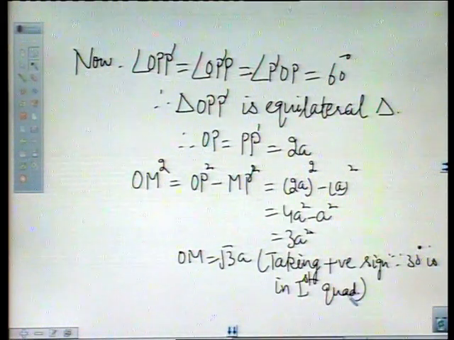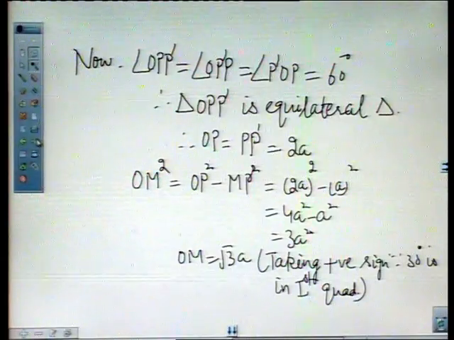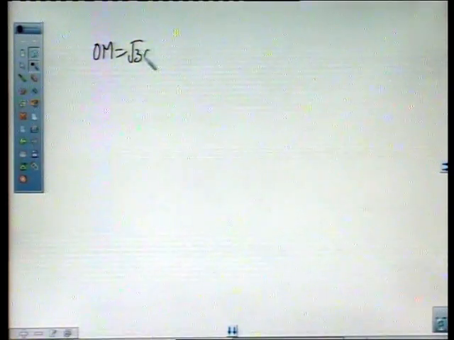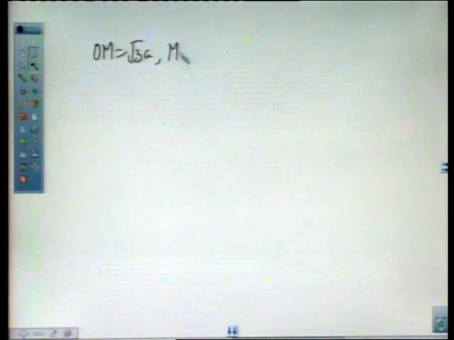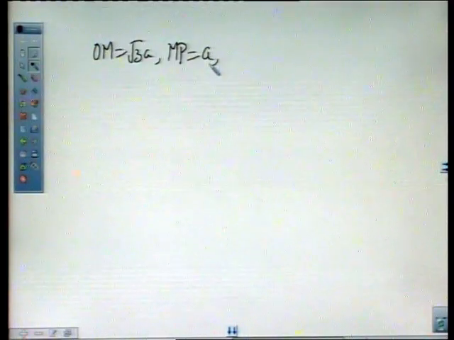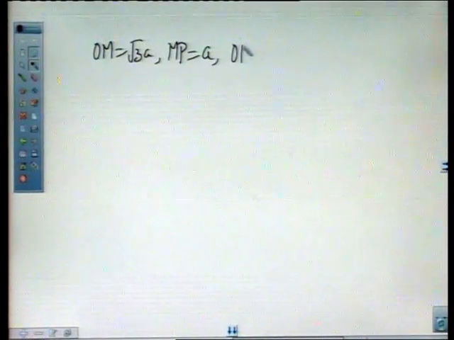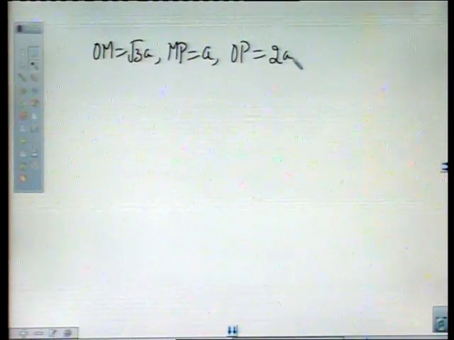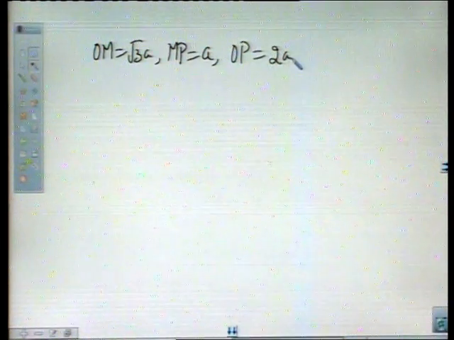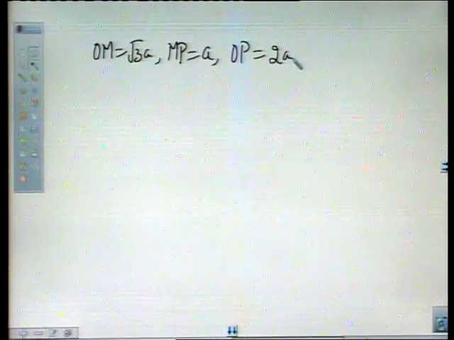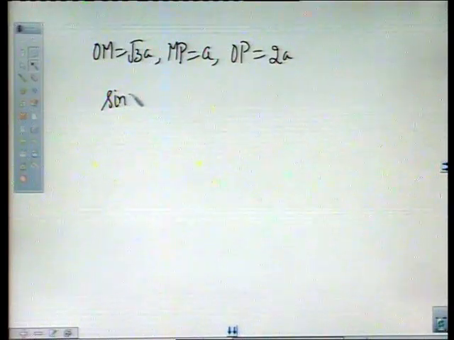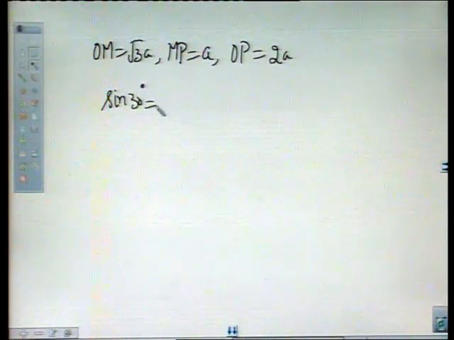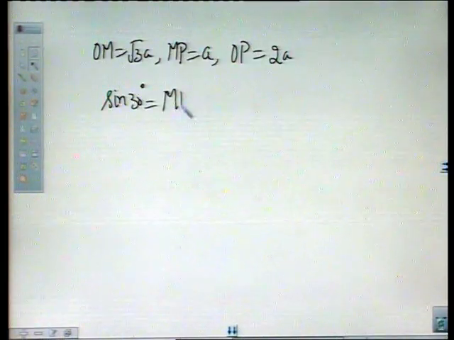Now we have the value of OM as under root 3a, the value of MP is equal to a, and the value of OP is 2a. Now we find the T ratios of 30 degrees. First we find sine 30 degrees. The value of sine 30 is MP over OP.